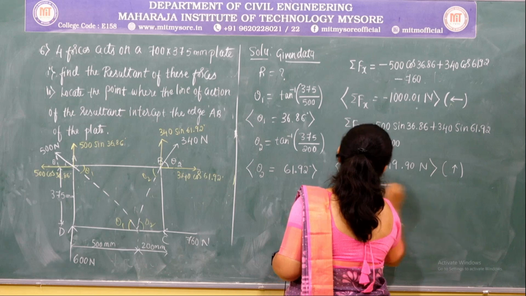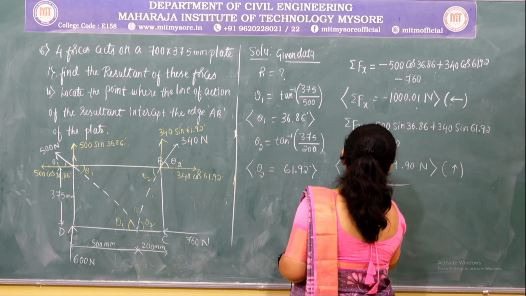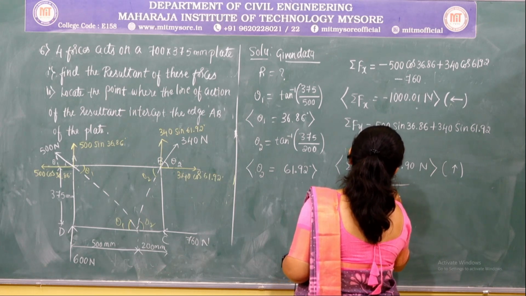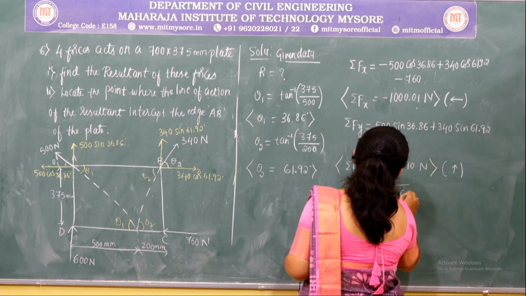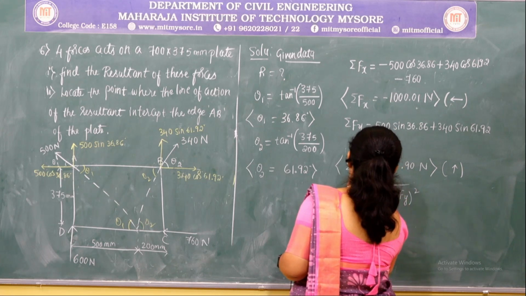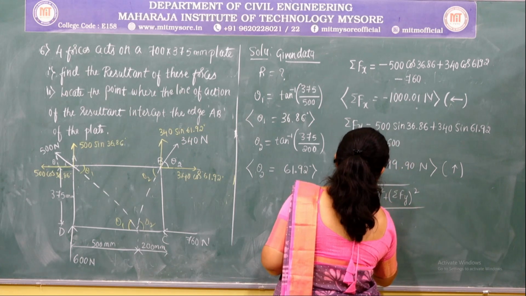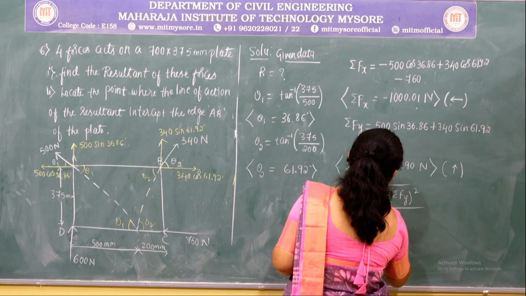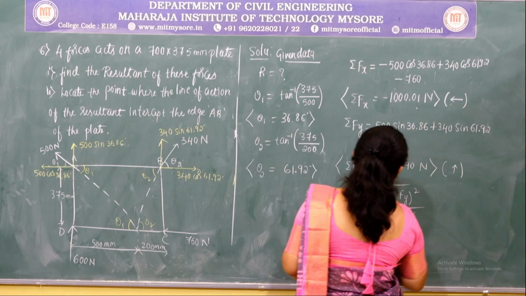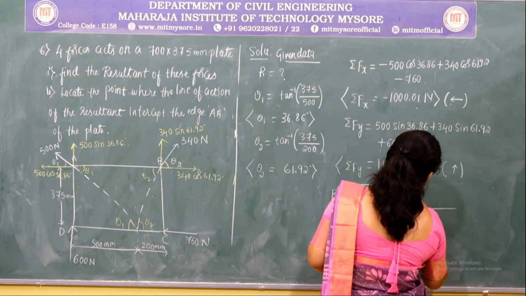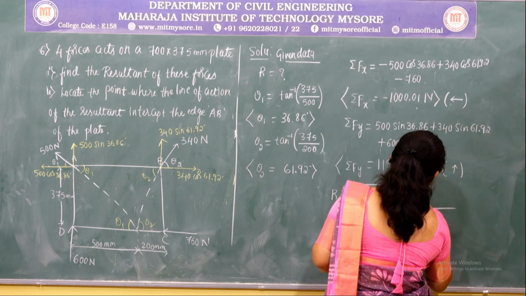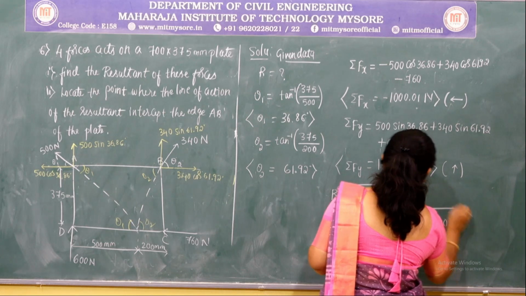Now using this we shall find the value of R. To find the resultant, we know that R is equal to the square root of summation of Fx whole square plus summation of Fy whole square. So Fx is minus 1000.01 whole square plus Fy whole square.